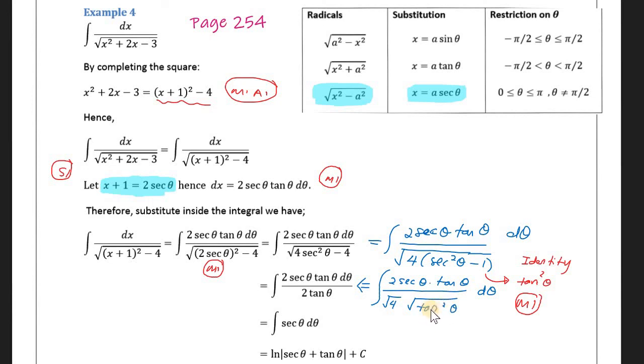And hence, the square root of tangent square, we eliminate the radical. So we are left with tangent theta. And then you simplify, cut, and you get until secant theta. Make sure that you show the simplified form. As for the integral of secant theta, it is given in our formula list, which is ln of secant theta plus tangent theta. You can just quote the answer there.